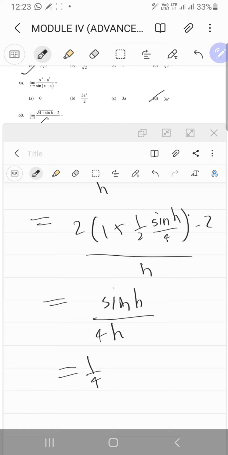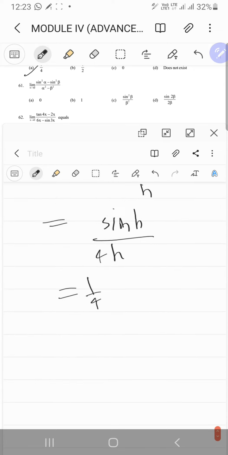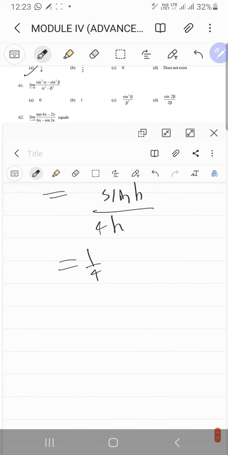Next question is limit alpha tends to beta of sine squared alpha minus sine squared beta upon alpha squared minus beta squared. Yeah, this is also very doable. So sine squared alpha minus sine squared beta is going to be sine alpha minus sine beta. I think this has to do with some concept of the derivative.